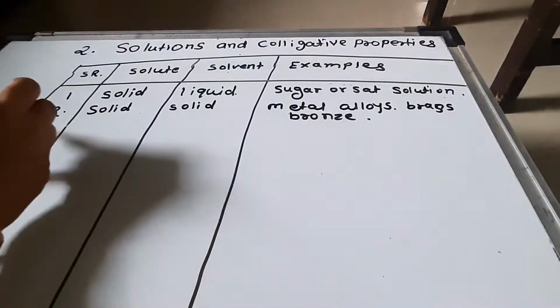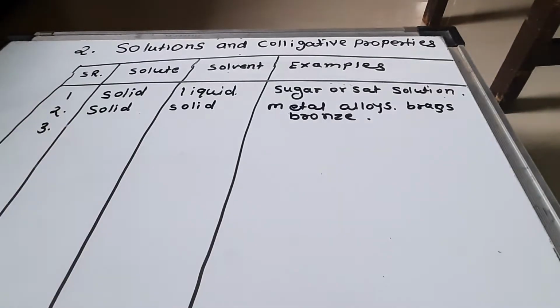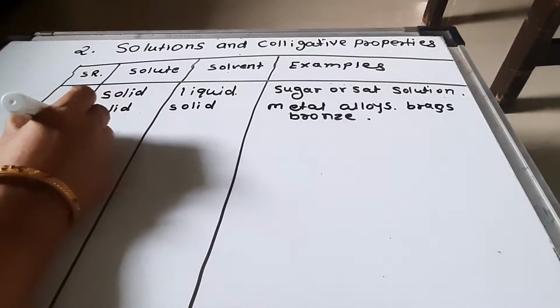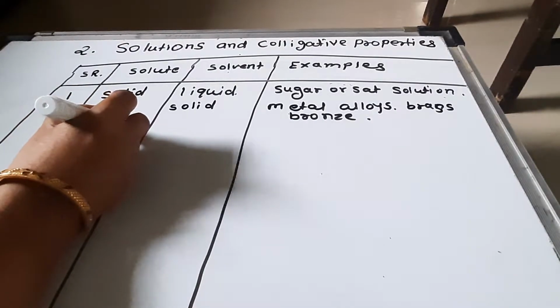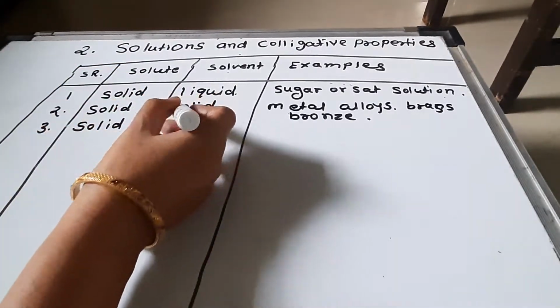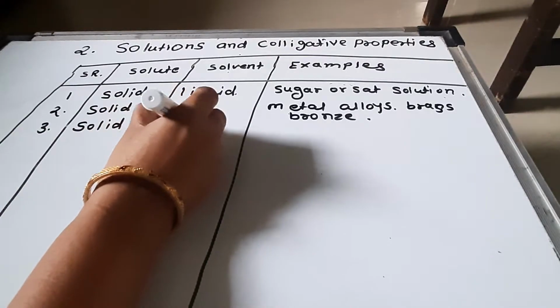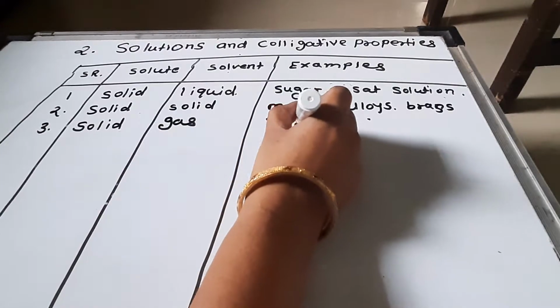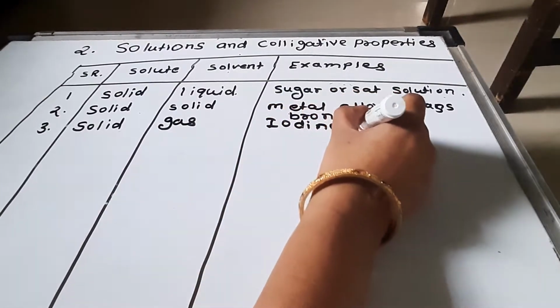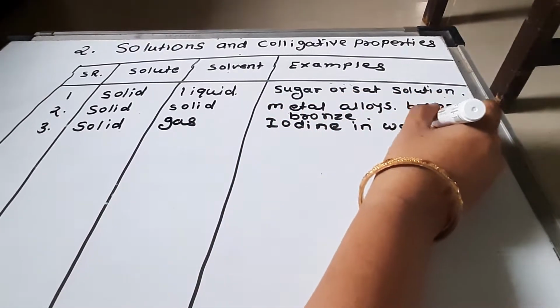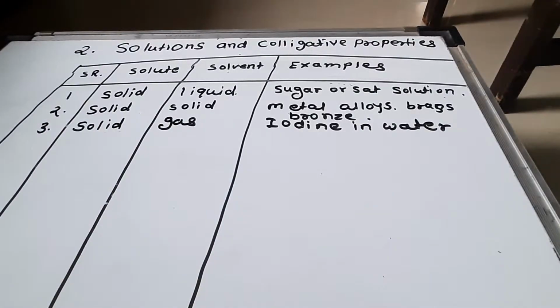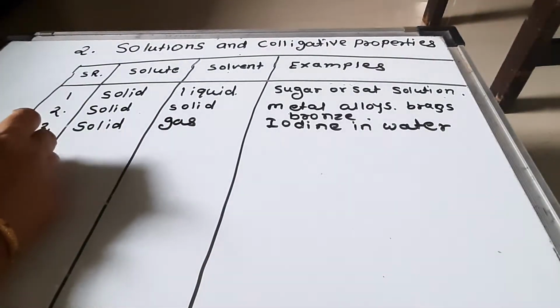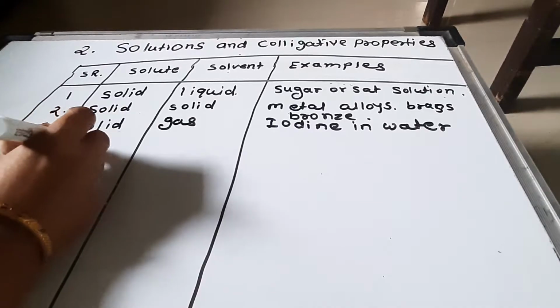Then third type of solution: solute is solid and solvent is gas. And its example is iodine in water. Then fourth type is liquid.